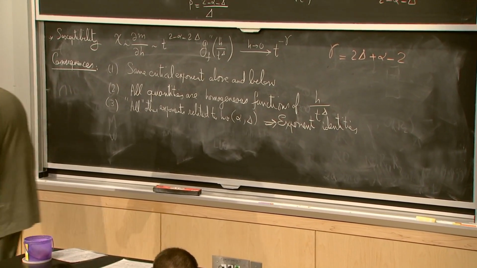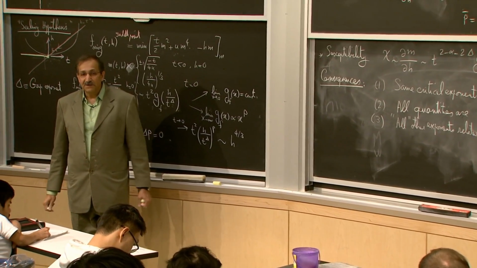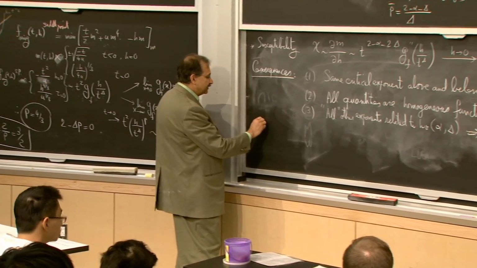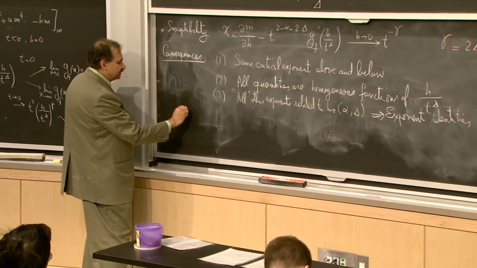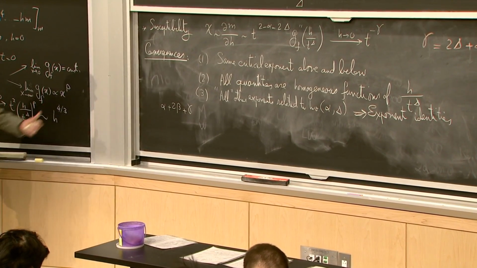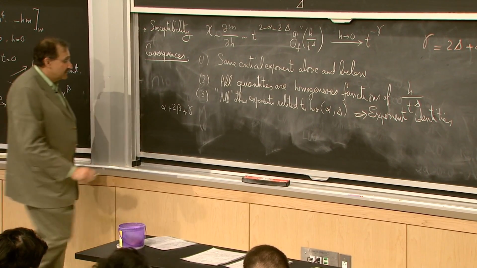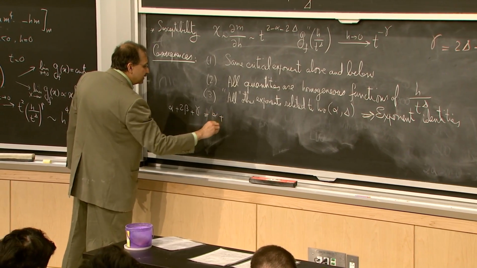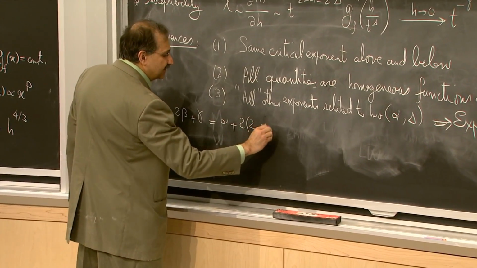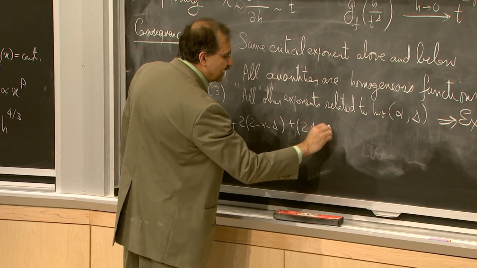These numbers in the table, we predict if all of this is valid, have some relationships between them. So let's show a couple of these relationships. Let's look at the combination alpha plus 2 beta plus gamma. Measurement of heat capacity, magnetization, susceptibility, three different things. So alpha is alpha, my beta up there is 2 minus alpha minus delta, my gamma is 2 delta plus alpha minus 2.